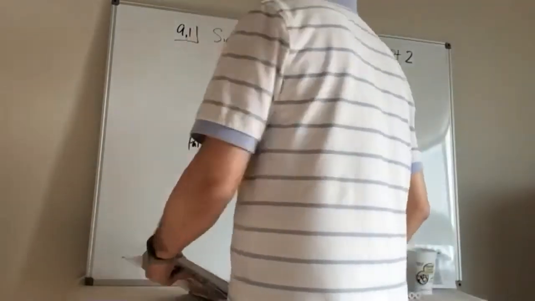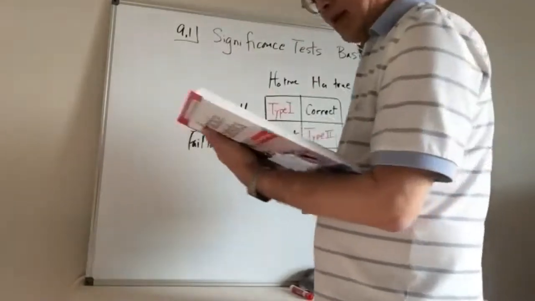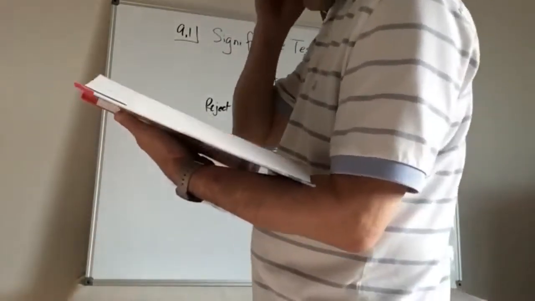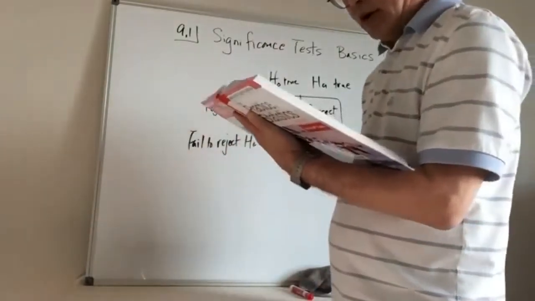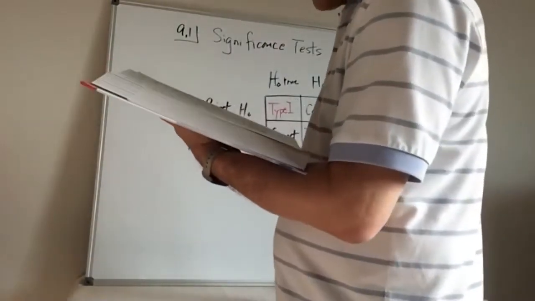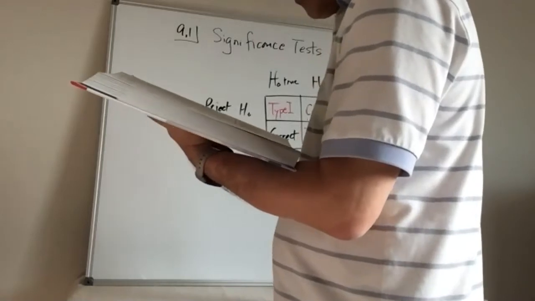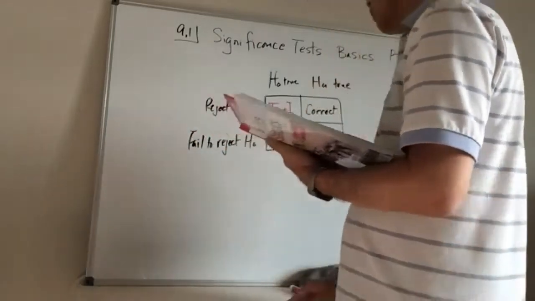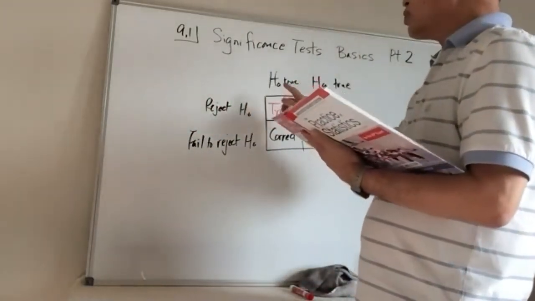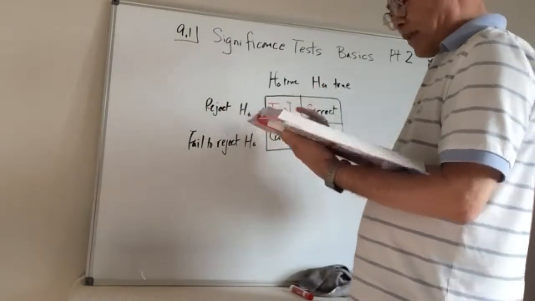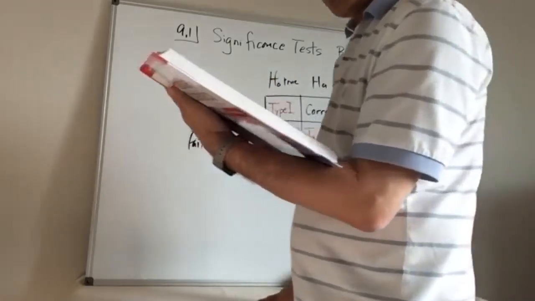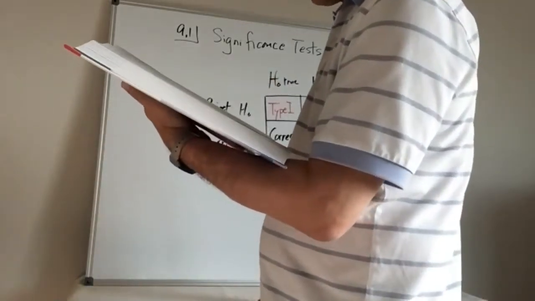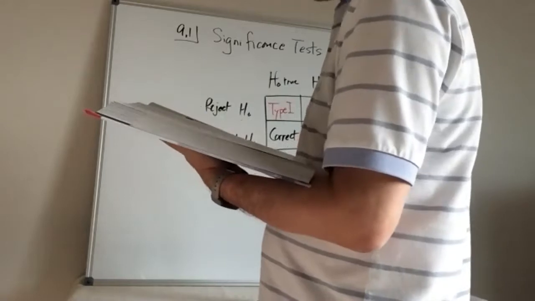Let's go ahead and read the green box there. A type 1 error occurs if a test rejects H0 when H0 is true. So when H0 is true and you reject it, that's a type 1 error. That is, the test finds convincing evidence that Ha is true when it really isn't.